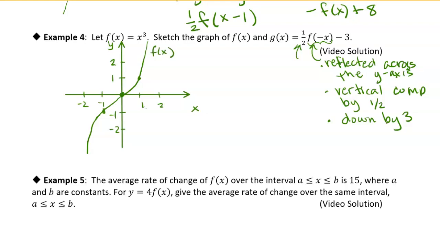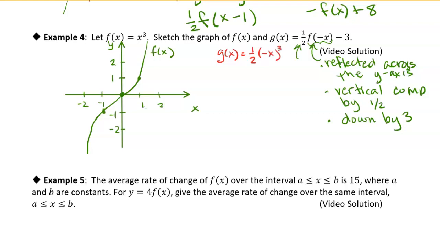All right, let me switch colors. And let's now take a look at the graph of what we're trying to do here. All right, so now I could again make a table of values, because all g of x is, I can write it out, g of x is equal to 1/2 of negative x cubed, right?